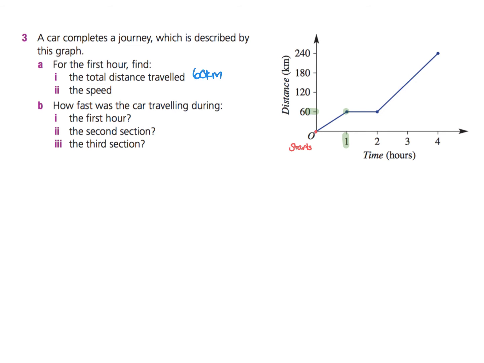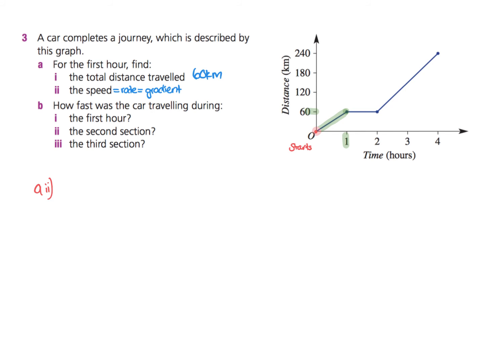Now, what is the speed in the first hour? The speed is actually a rate, which we know is the gradient. For this first one, 2i, we're going to find the gradient of this first line, using the points like we did yesterday.